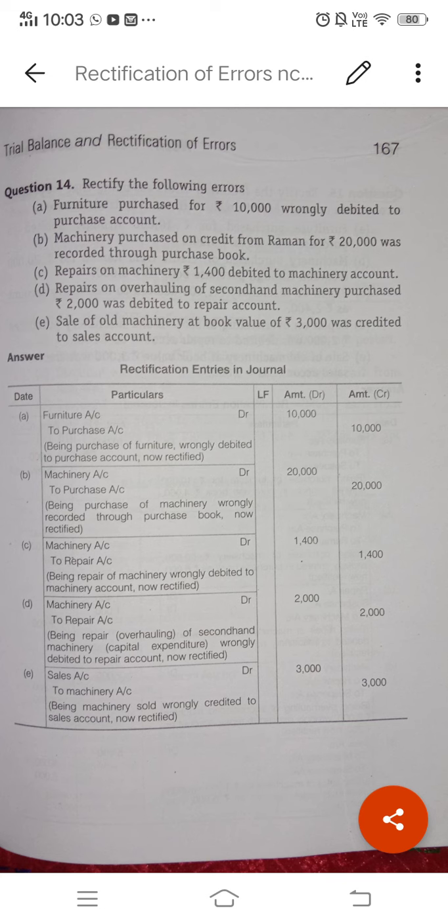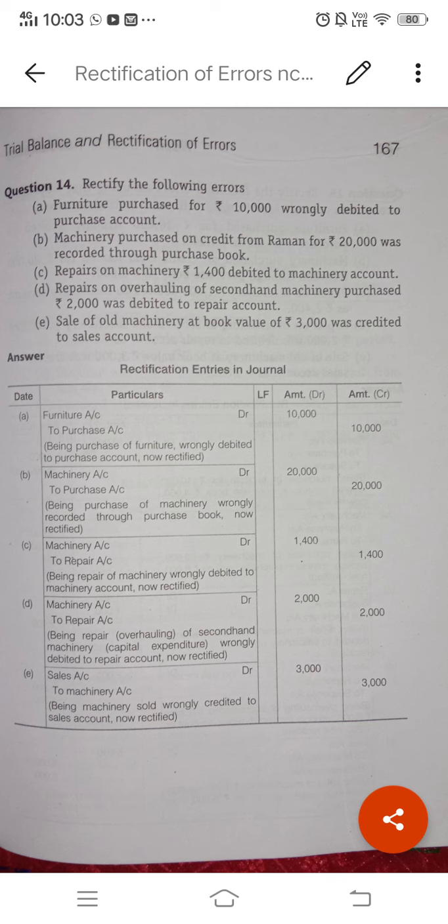So there is an excess of 1400 in the machinery account. It's a wrong debit. To cancel that, we have to credit the machinery account with 1400 and debit the repair on machinery account 1400.